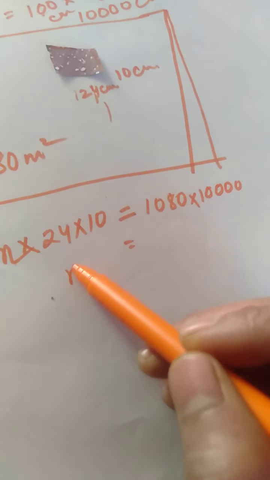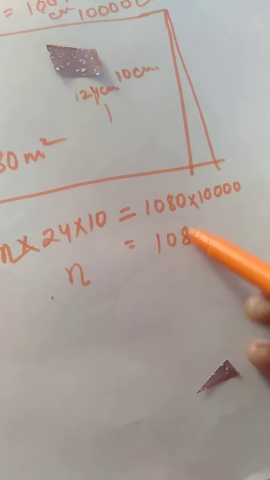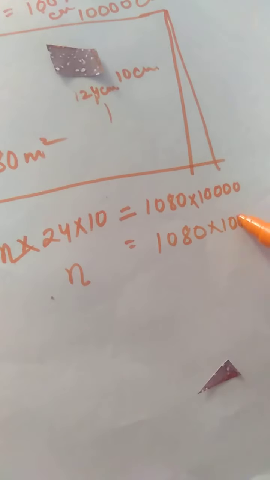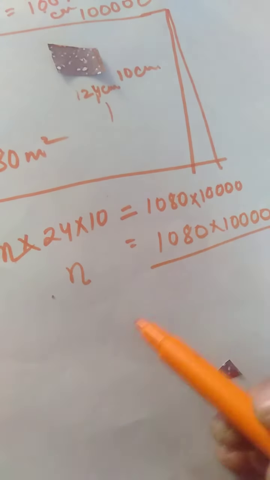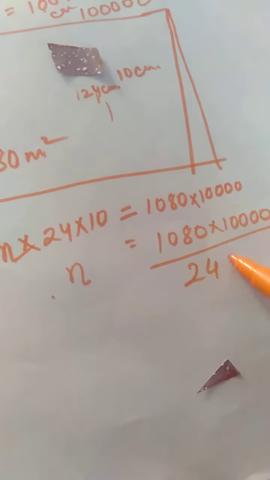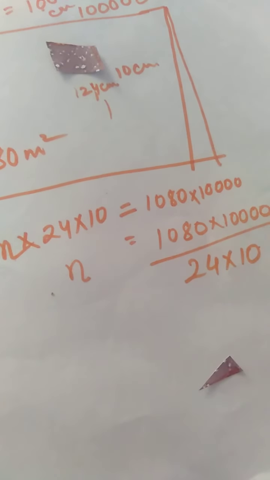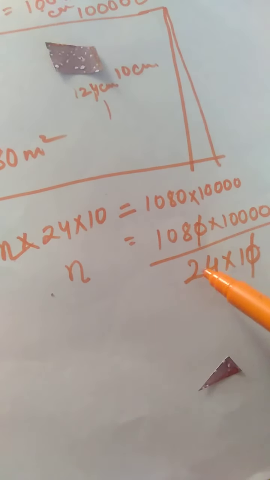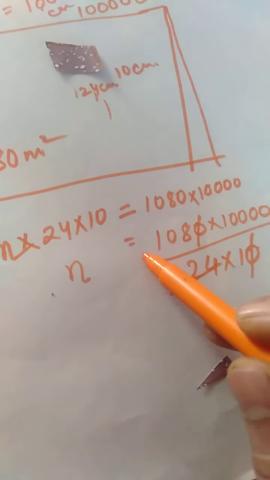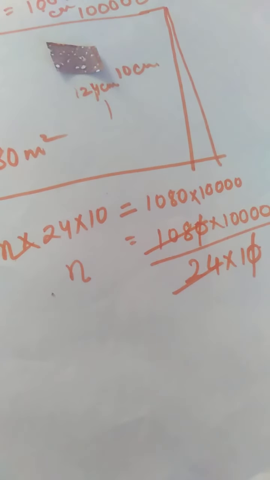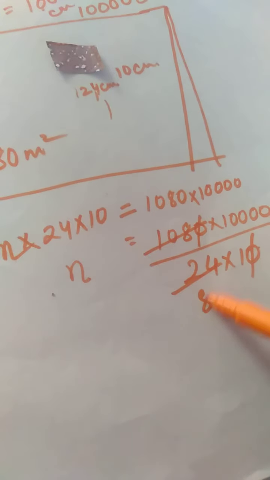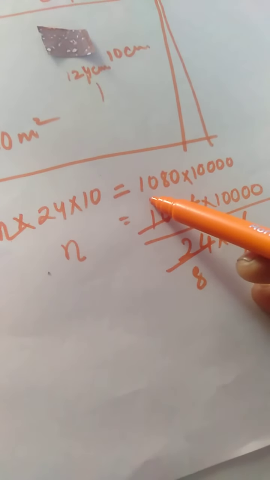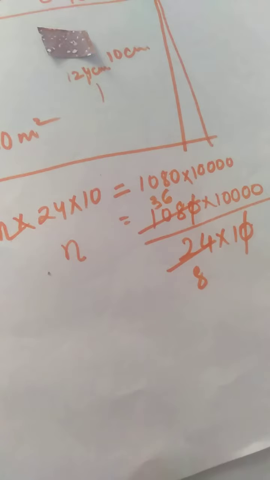Now n can be calculated as 1080 into 10,000 upon 24 into 10. And from 24 we can cancel 1080. You can just cancel out with this. The easiest is from 3 you can calculate out. 3 8s are 24 and 3 3s are 9, 3 6s are 18.